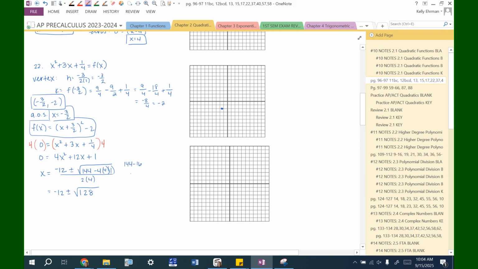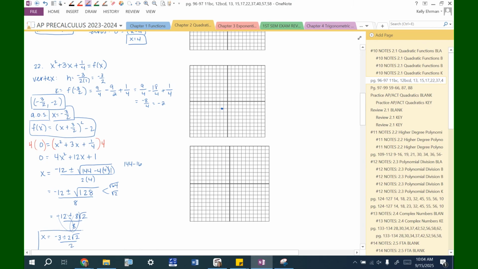Now the square root of 128 is the square root of 64 times the square root of 2. It's all over 8, by the way. So now it's negative 12 plus or minus 8 radical 2 over 8. And if these three terms can be divisible by a common factor, we need to do that. Divide everything by 4, so negative 3 plus or minus 2 radical 2 over 2.